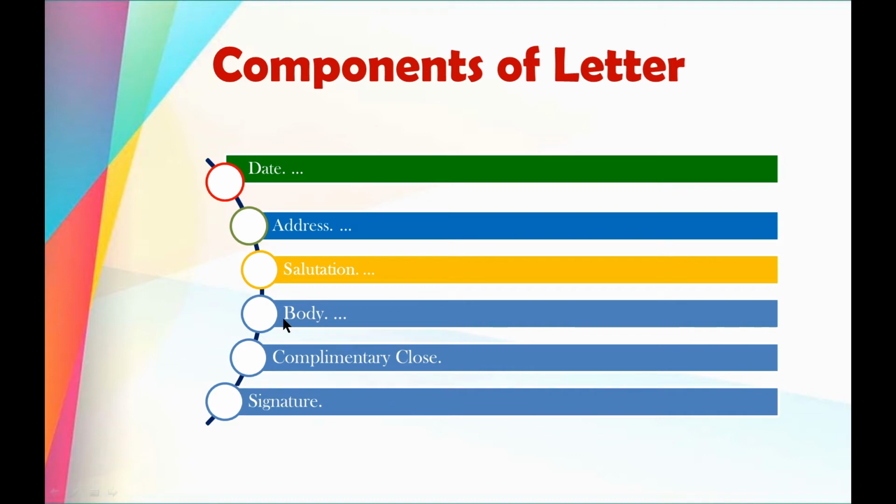Body means what you are writing for. What is your purpose of writing? In between your paragraphs, you talk about your way of addressing the problem, or your message to someone, or you are saying thanks to someone. So the body part should have all the details of what you are intending to write.